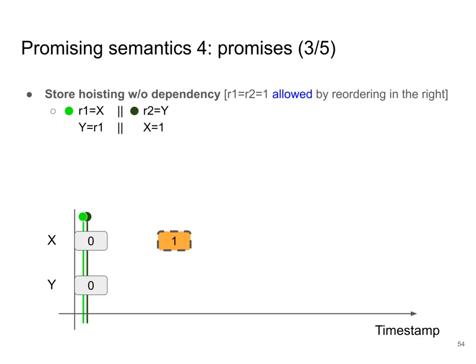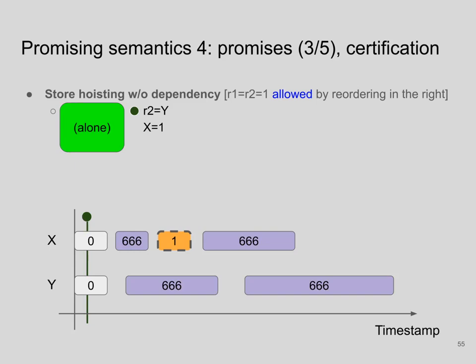Okay, so far so good. But in order to promise to write the value, you need to make sure that at this point you are going to be able to write x equals 1 in the future. Let me see why. First, the second thread needs to be executed alone.